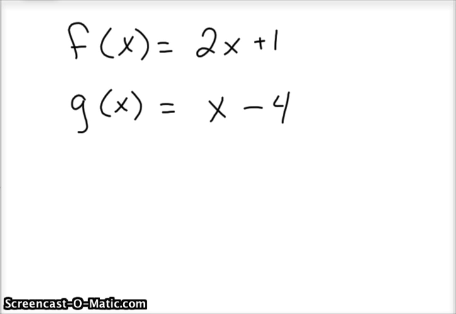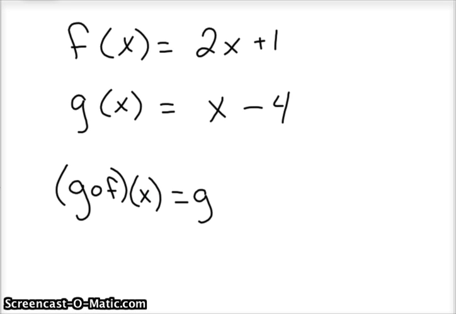Let's say I wanted to compose g at f at x, and instead of x, let's use the number 2. So we want g composed with f at 2, and g f at 2 is another way to write it.